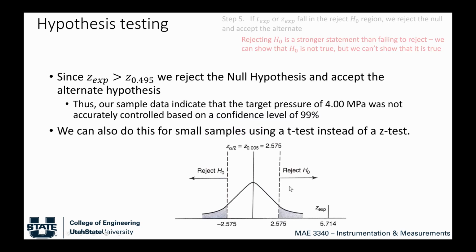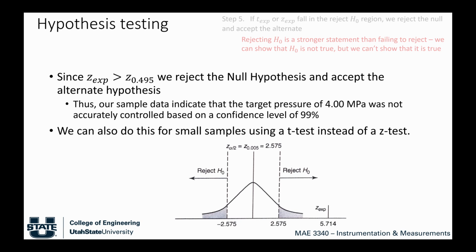So essentially, our sample indicates that the target pressure of 4.0 megapascals was not accurately controlled, based on a confidence level. And so we are saying we were not able to control that variable. Now we can continue to make this a stronger and stronger argument by increasing this level of confidence and moving this bound closer and closer to the point where we're very confident, and it's a very strong statement for us to say we reject the null hypothesis.